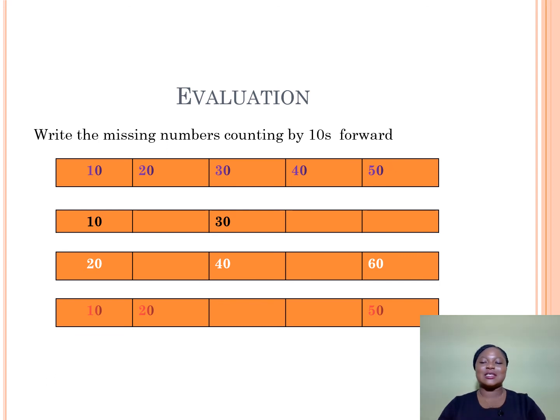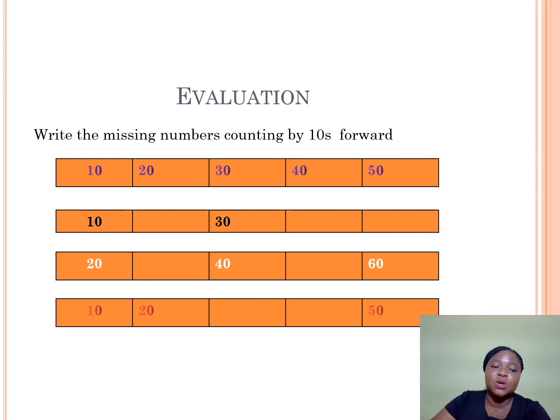Good. So let's do our evaluation exercise. Write the missing numbers, counting by tens forward. Okay, you're going to write the missing numbers. So I did the first one for you. We have 10 up to 50. So 10, we add 10 plus 10, 20. So from 20, what are you doing? 30, 40, then 50.